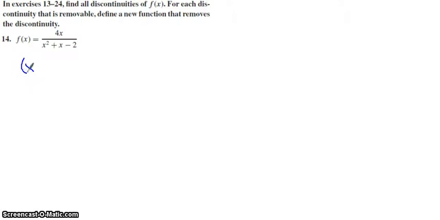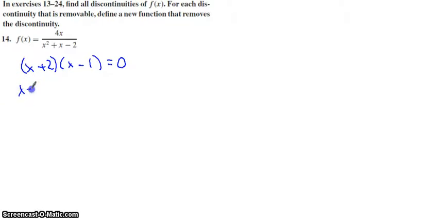So if we set the denominator equal to 0, what I'm doing as I set it equal to 0 is trying to factor it. So if I factor this denominator, I need two things that multiply together to give me -2 and add together to give me +1. So I think if I go +2, and -1, I've got the factored form of this denominator now.